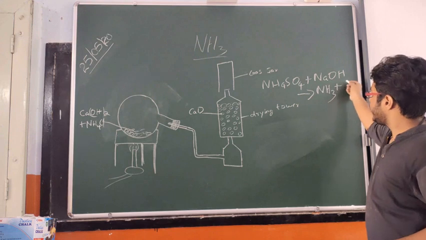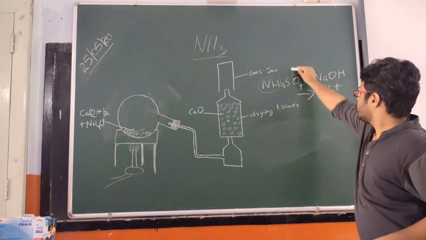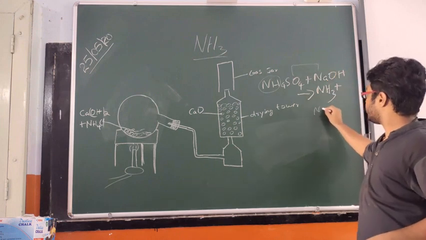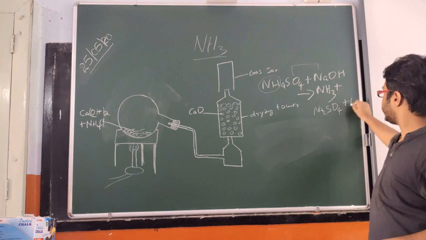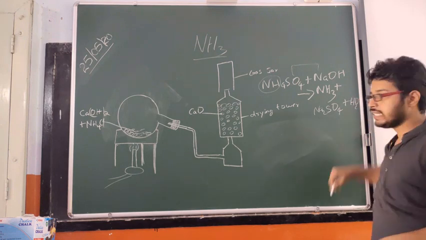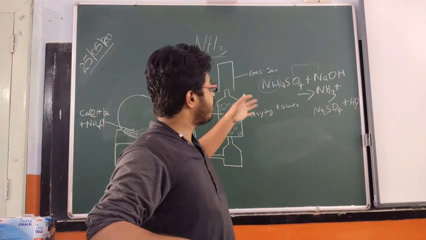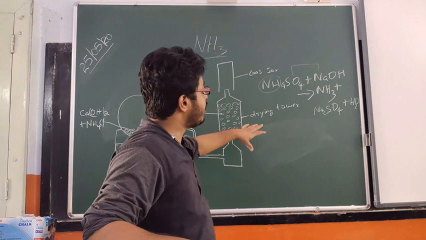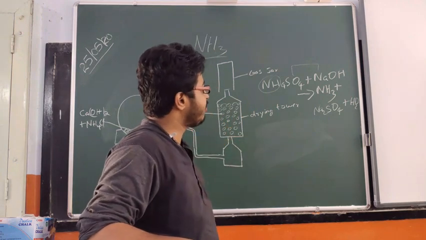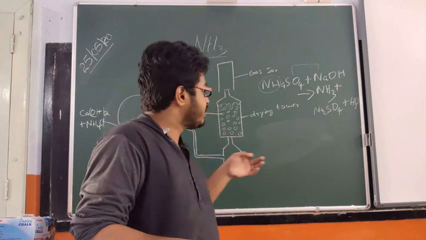So NH3 is gone from here. Na2SO4 will be formed and the other byproduct will be H2O. This will be the general chemical equation that will be formed when an alkali reacts with one of the ammonium salts.